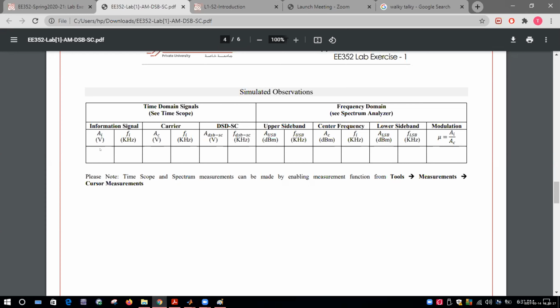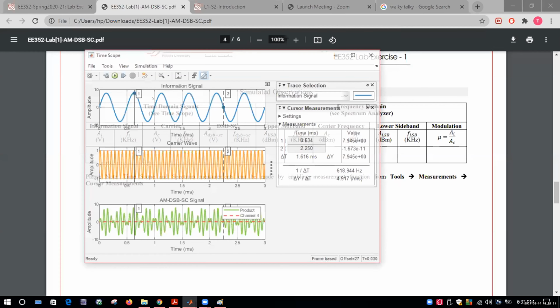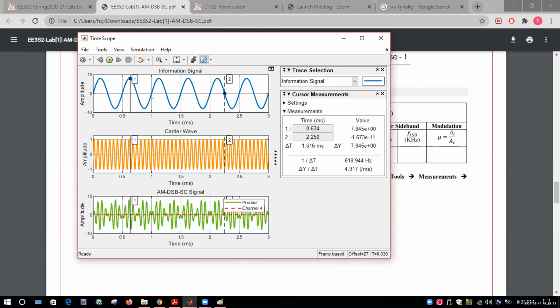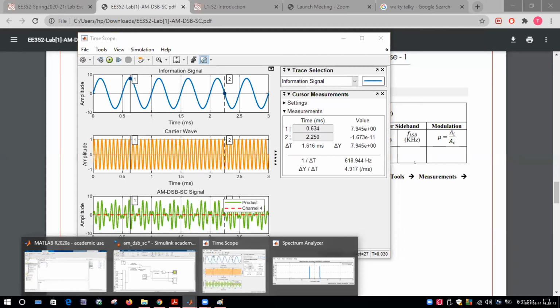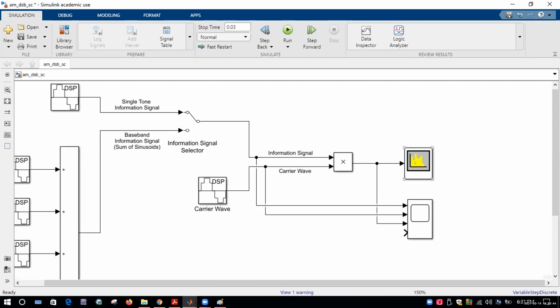Yes. And how do I know the frequency of the information signal? Again, go back to the spectrum analyzer. This is your spectrum analyzer, right? Here, I connected this one to the output, but can I add one more option as input?